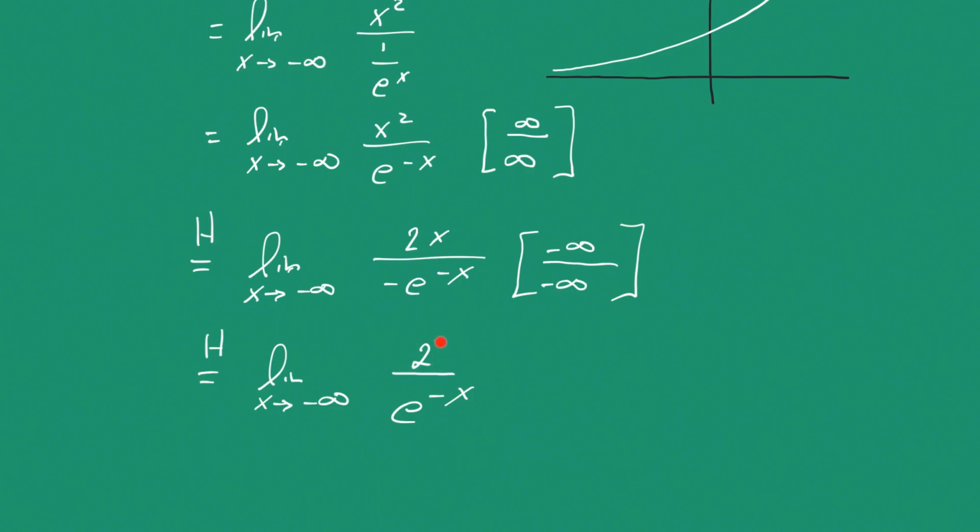So the numerator is just tending to 2, and what's happening to this denominator? Well, as x becomes large and negative, as before, minus x becomes large and positive, e to the minus x becomes large and positive. So for all the x's we're considering, large and negative x's that is, our function looks like 2 divided by a huge positive number, which is going to be very close to 0, and taking the limit, our limit is in fact going to just equal 0. That's it.